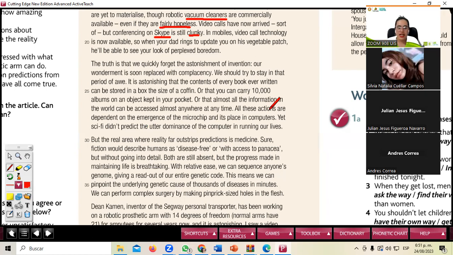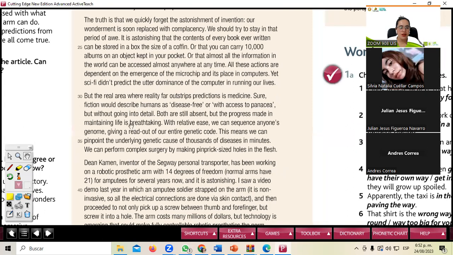Running, in this case, is like managing or controlling our lives. So to run something is to manage something in this context, right? Good. So let's continue, Carlos, with the next paragraph.